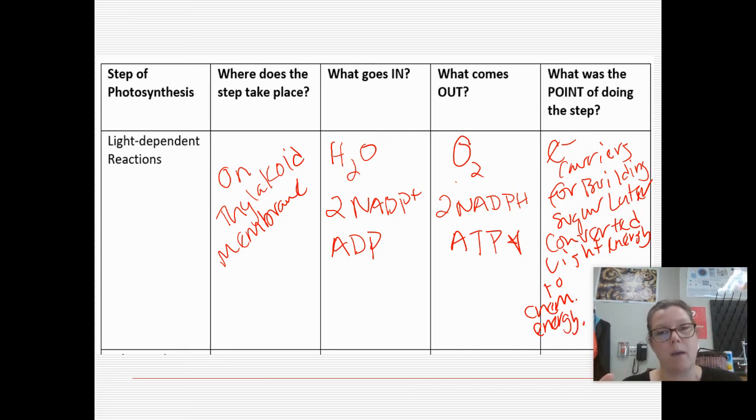This first step, these light-dependent reactions, are all about taking sunlight energy and now converting it into an energy form that now the cell can take and use to form bonds between other chemicals later. Later on, we're going to take this ATP and we're going to hydrolyze it. And we're going to use the energy that's released from the hydrolysis of ATP for building our sugar molecules that we're going to create in the last step of photosynthesis.